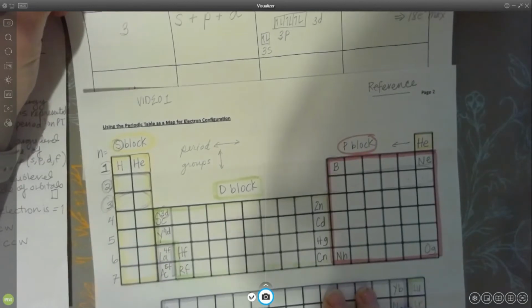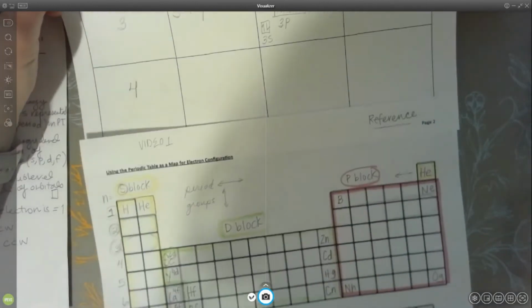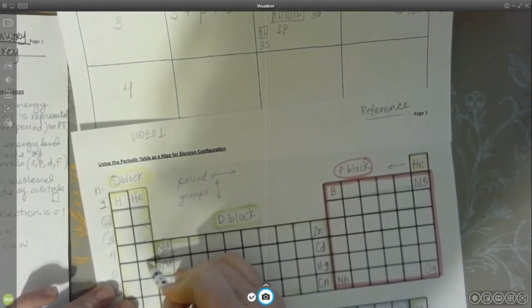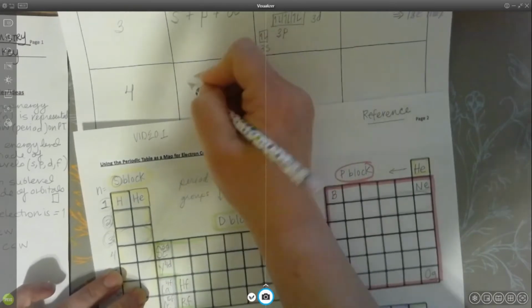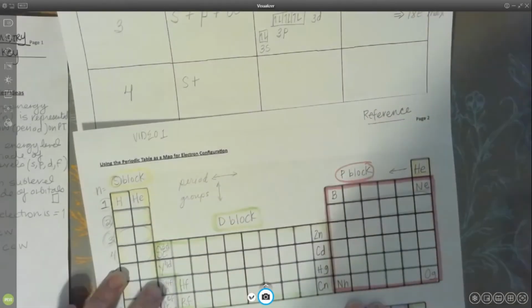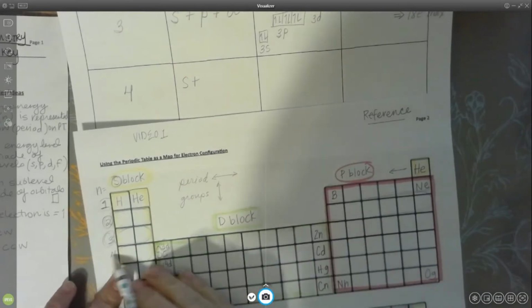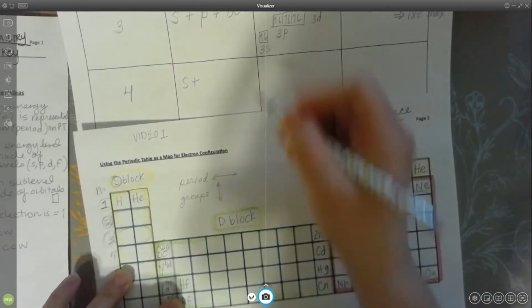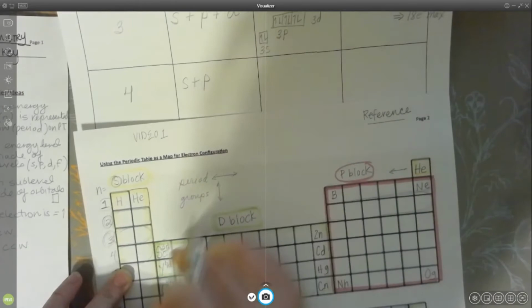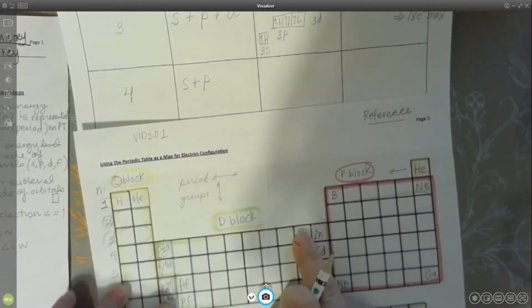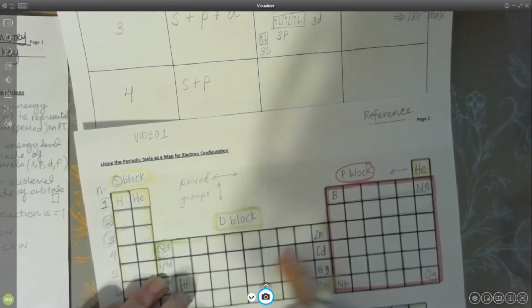All right. Next, here we go. For 4, we have 4s. Okay. We've got 4p. Now remember, I skipped over this one because I've already included it in the 3rd level. But then I have a 4d right here.